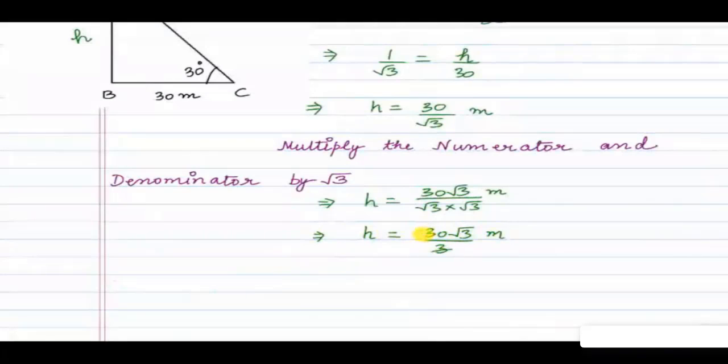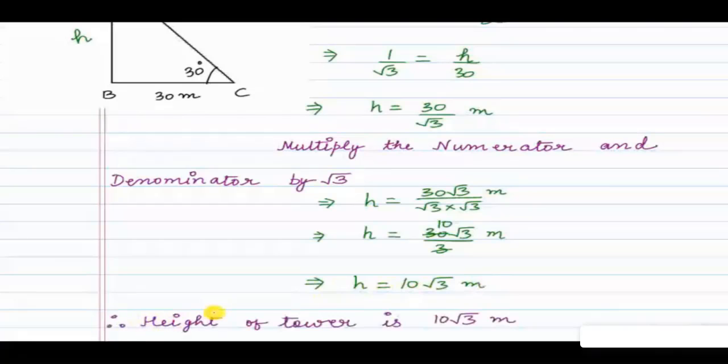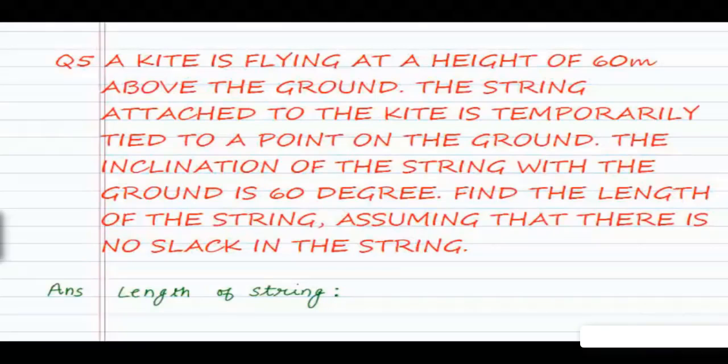This 3 will cancel with 30, and we'll have 10. So h is equal to 10 root 3 meters. Therefore, the height of the tower is 10 root 3 meters. This is our answer.